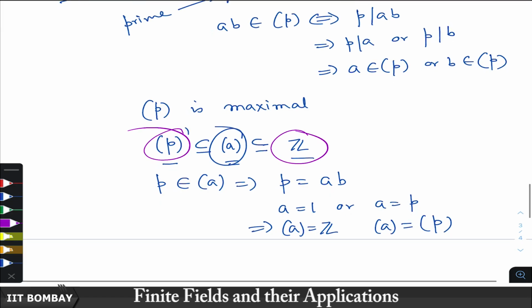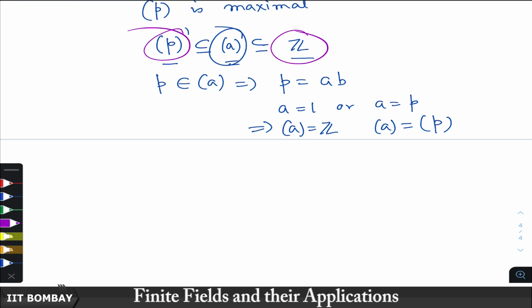Now, there are also some special types of elements that we will come across in various special types of rings. An element in a ring is called a unit if it has a multiplicative inverse.